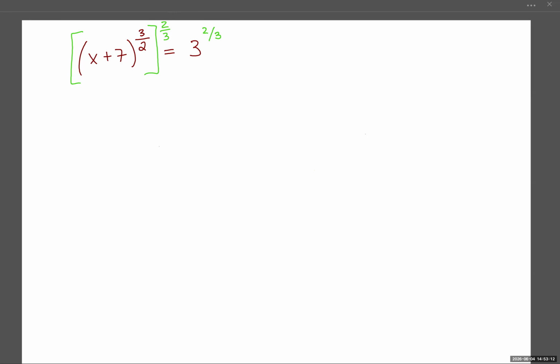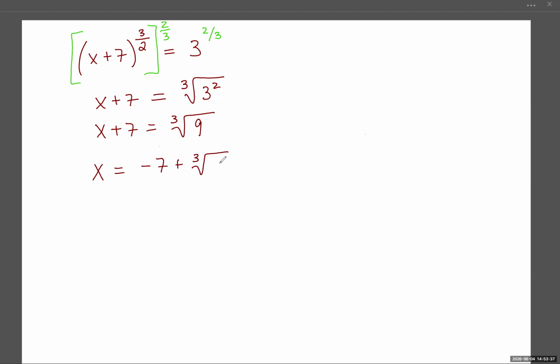On the left-hand side, 3/2 times 2/3 is 1, so this is just x plus 7 equals. Now, 3 to the 2/3 power is the same as the cube root of 3 squared. So x plus 7 would be the cube root of 9. And then x is just negative 7 plus the cube root of 9.